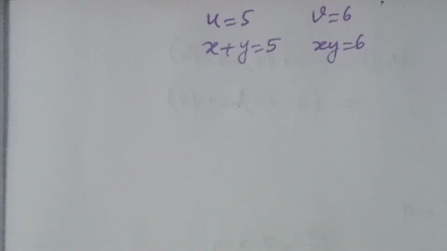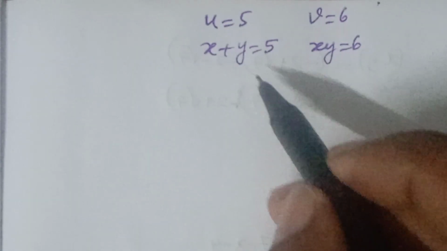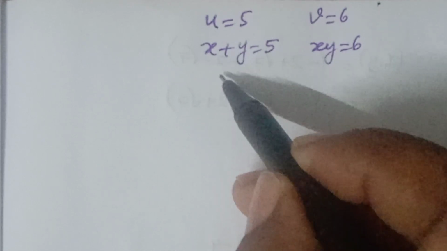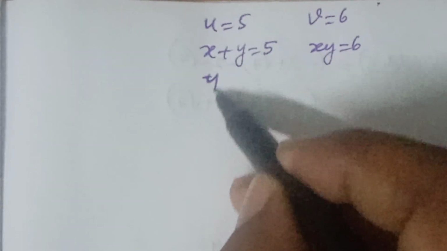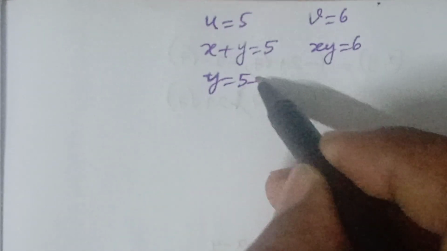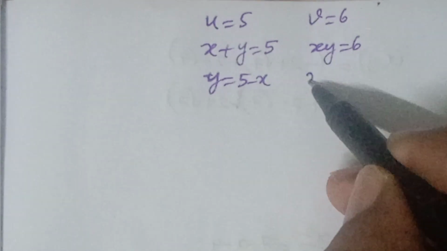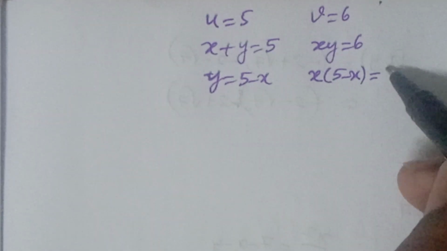So how to solve this? If you substitute here, y value is 5 minus x. So x into 5 minus x is equal to 6.